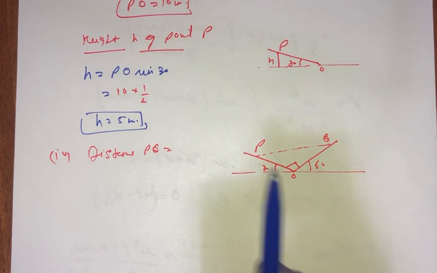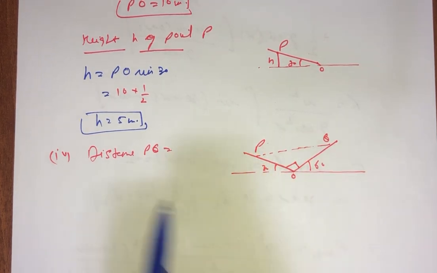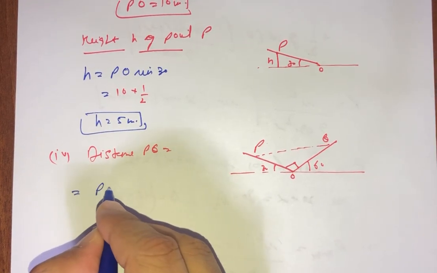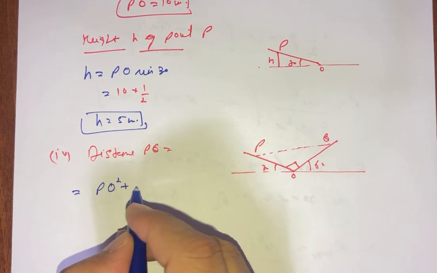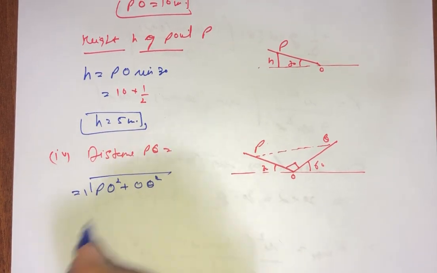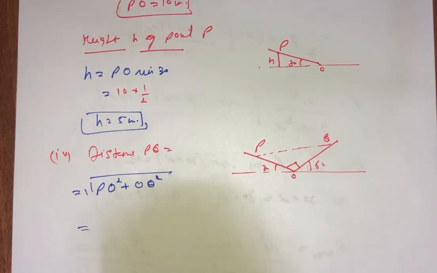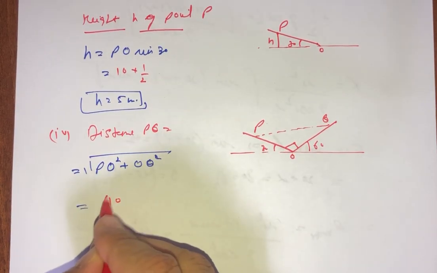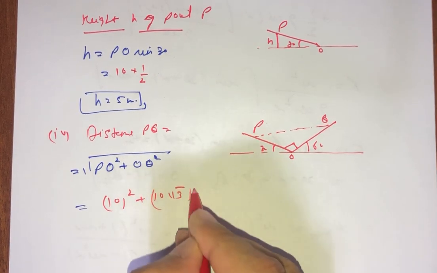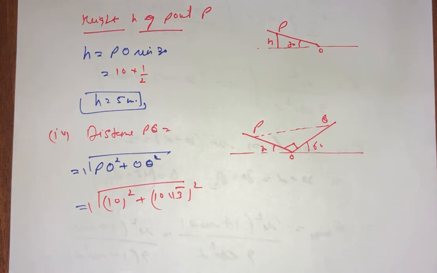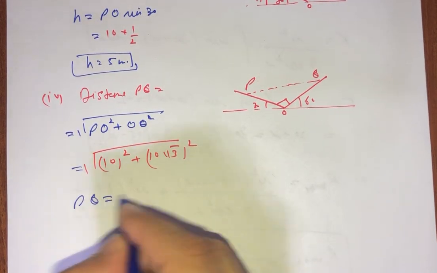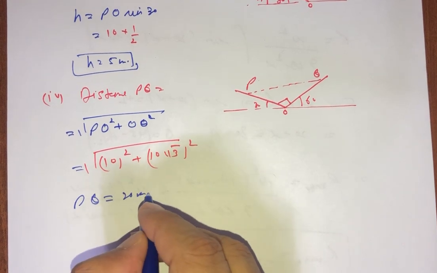So we already know PO and OQ, so we can see that distance PQ is equal to square root of PO square plus OQ square. So you put the values, PO is 10 square plus this is 10 root 3 square, and its square root. So you can say that PQ is equal to 20 meters.